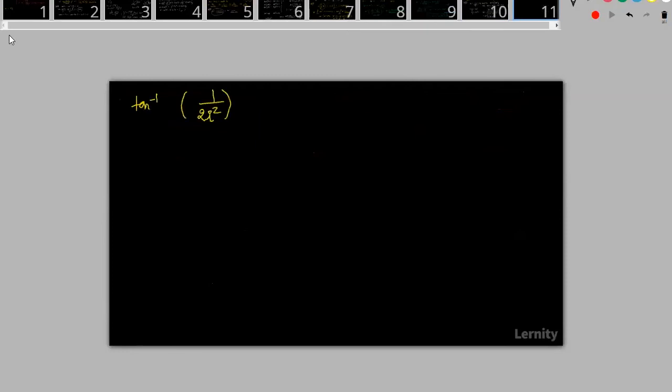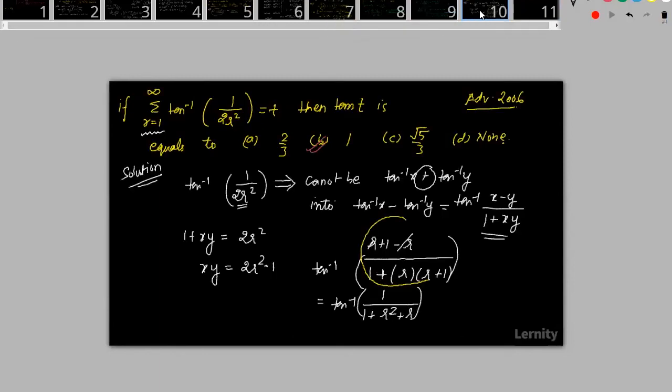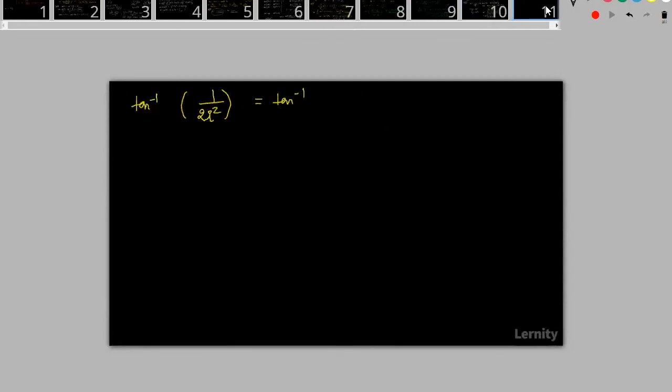Now in this 2r square, in the numerator we should get something of the form, because here we are getting r square single, so 2 should be multiplied with either this or this. So in the denominator, I will take 1 plus 4r square.